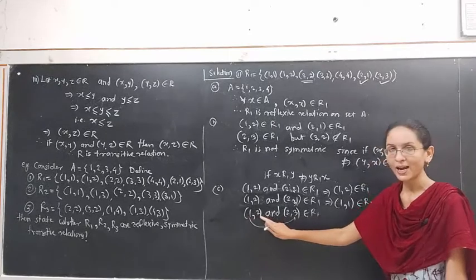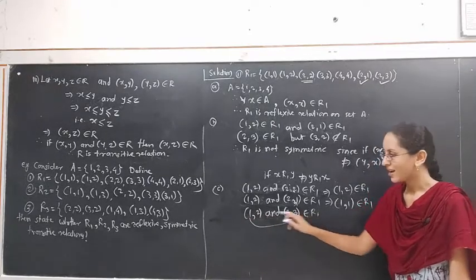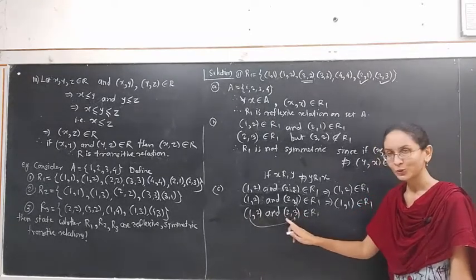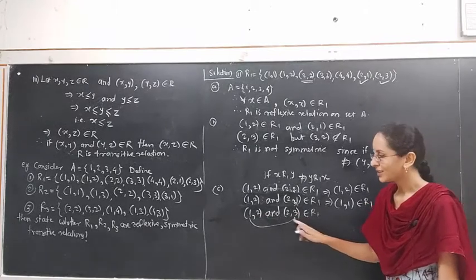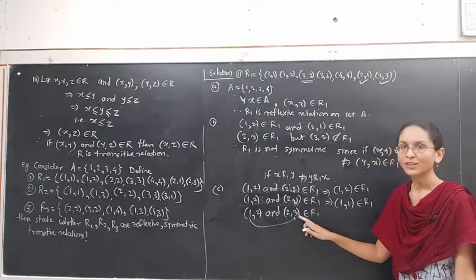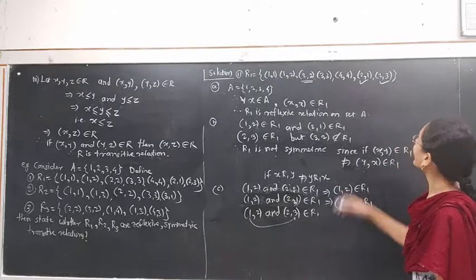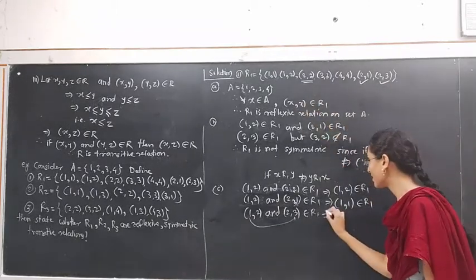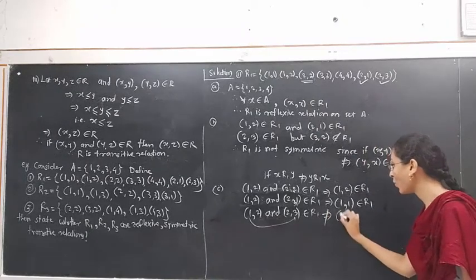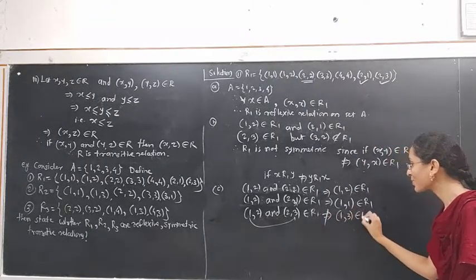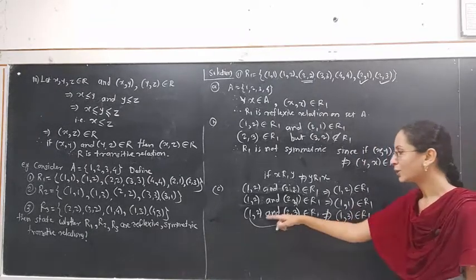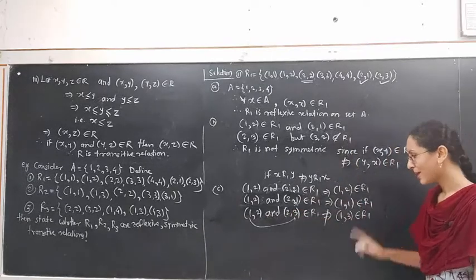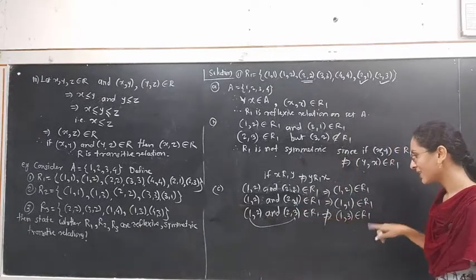Here x is related to y and y is related to z, where x value is 1, y value is 2, z value is 3. Whether x is related to z or not: the ordered pair (1, 3) does not belong to set R1. This does not imply the ordered pair (1, 3) belongs to R1. (1, 2) and (2, 3) belong to R1, but this does not imply (1, 3) belongs to R1.